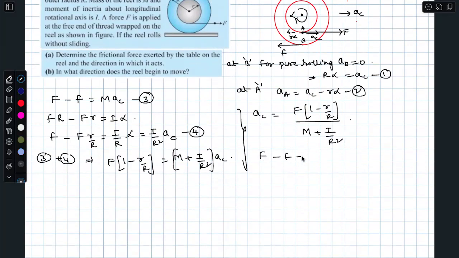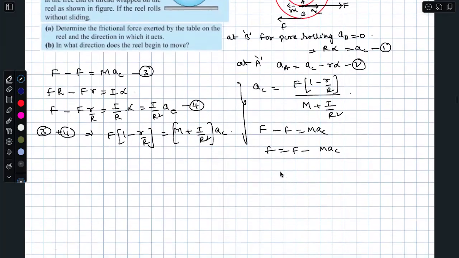Capital F minus small f is MAC. So f is capital F minus MAC, which is capital F minus F times M into 1 minus small r by capital R by M plus I by R square.